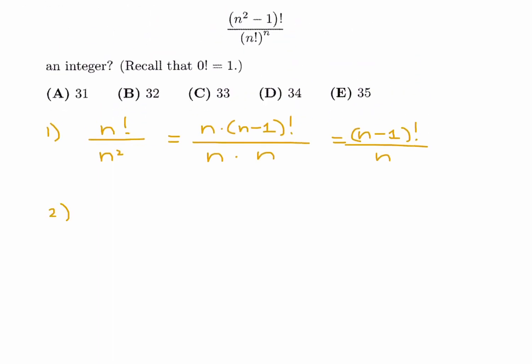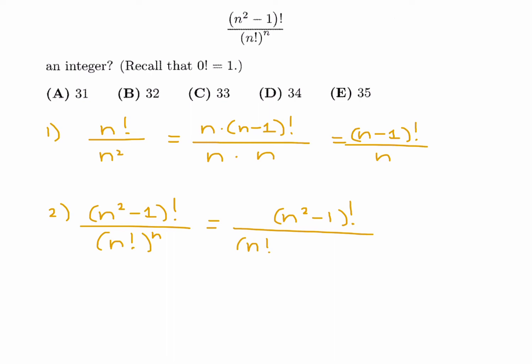So that is step 2, n squared minus 1 factorial over n factorial to the power of n. Now for this, I want to make this into a better form. So what I'm going to do is I'm actually going to introduce a couple of things here.